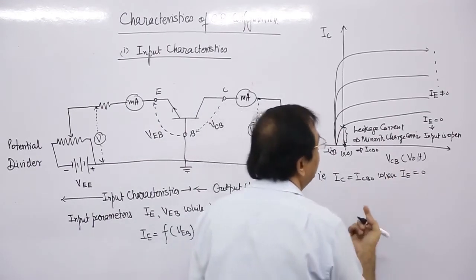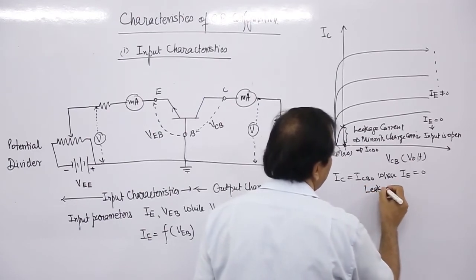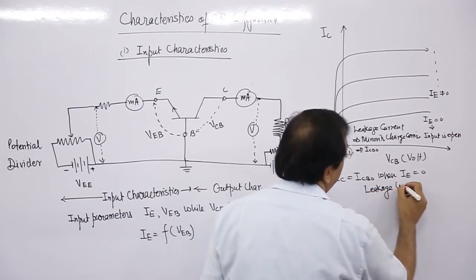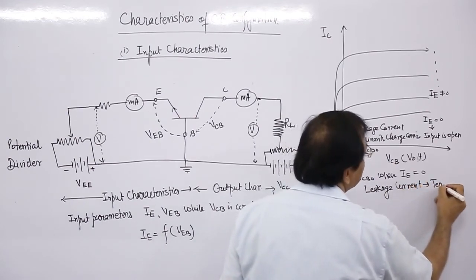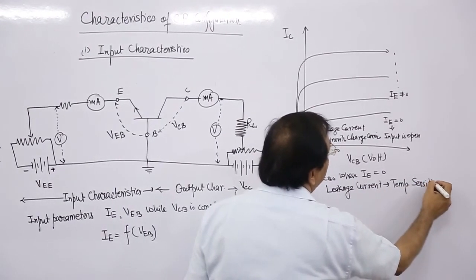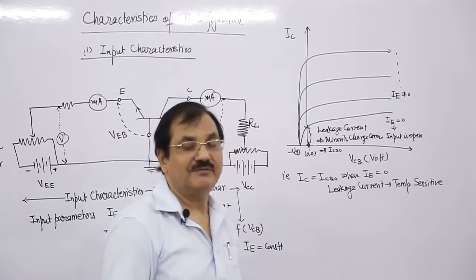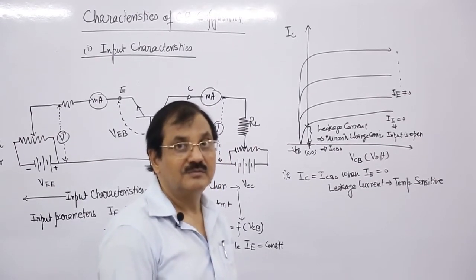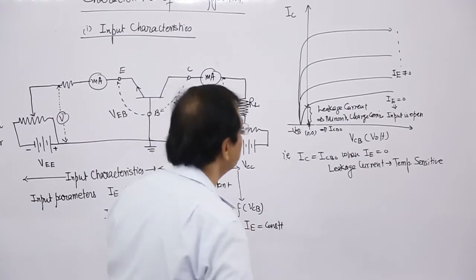No input current, that is emitter. So this one is known as leakage current. And this leakage current is temperature sensitive. For high signal propagation at high temperature, this is the dominating phase.